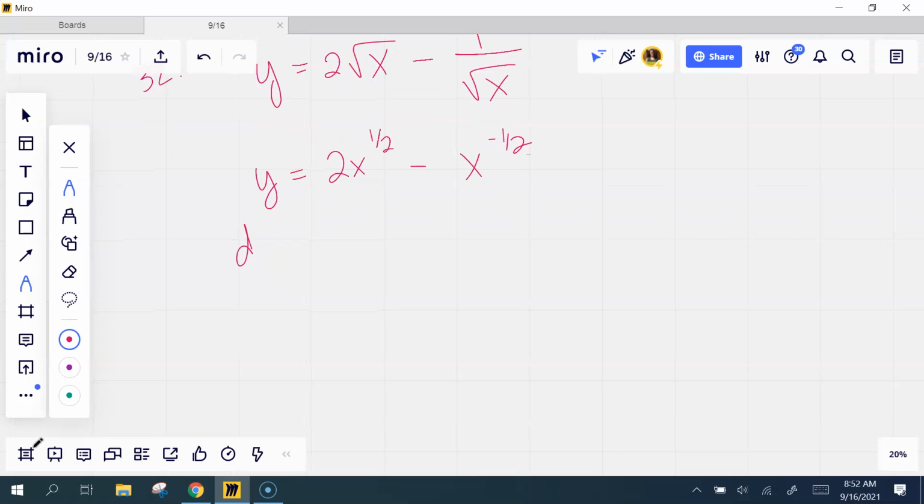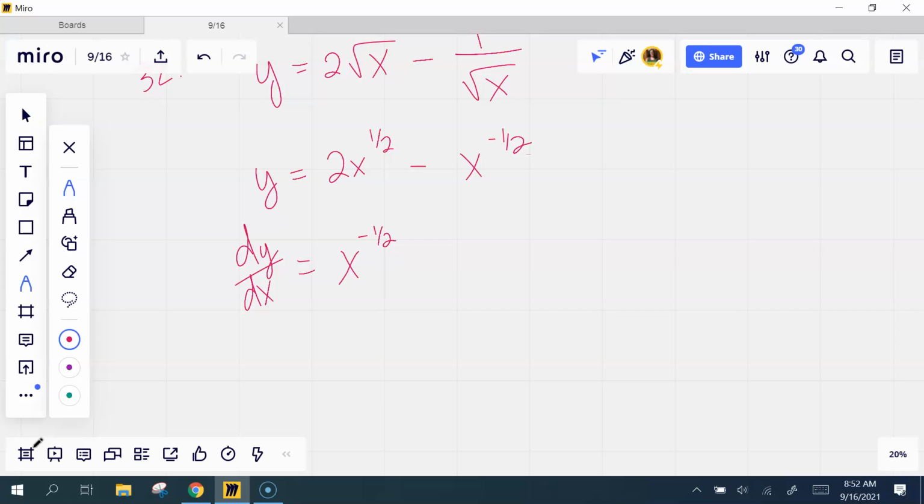Power rule. You don't even have to use difference there. You just use power rule. 1/2 times 2 is 1/2 minus 1 is. Bring this around.